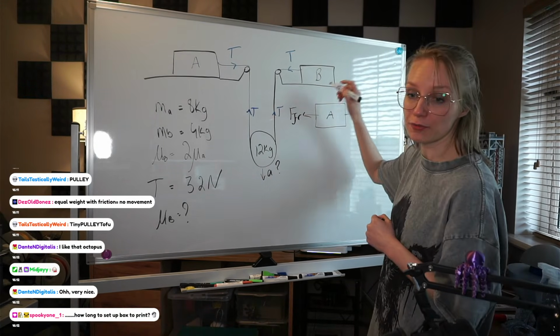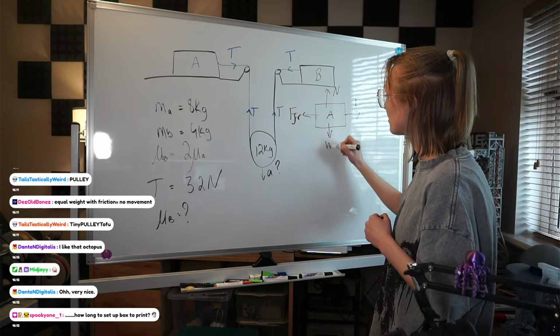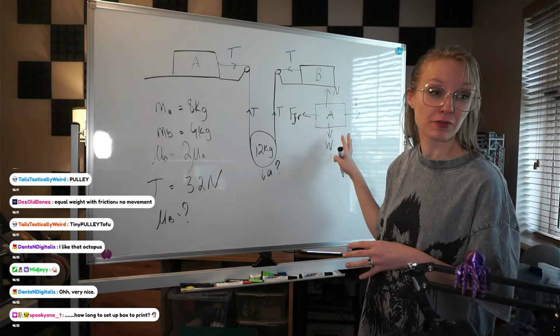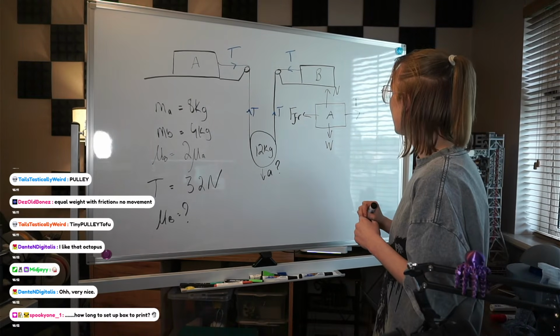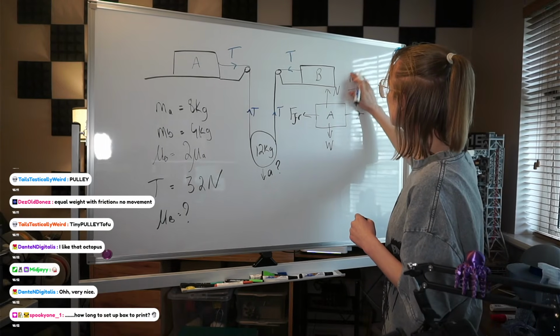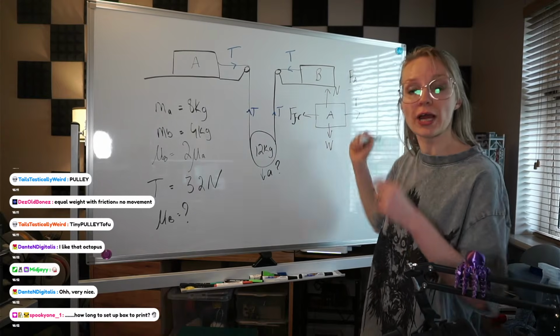Technically, if we're drawing the free body diagram, this is the normal and this is the weight. The forces up and down aren't going to do a whole lot in our system, but if we're being pedantic about drawing a free body diagram, we should do that. And obviously we have the net force, F net, FA. So let's write our equation out.